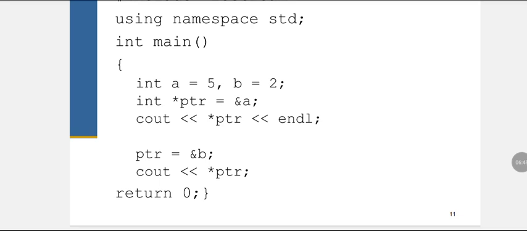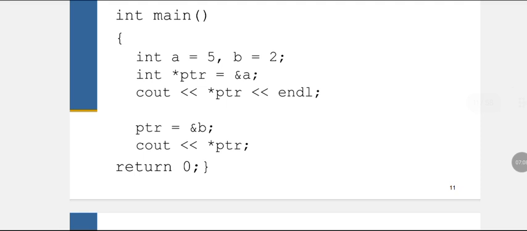Then we have the second line, we have the int as a data type, and pointer equals to the variable that we want to modify the pointer address here. Then we have our third line, we have the cout, the less than sign.